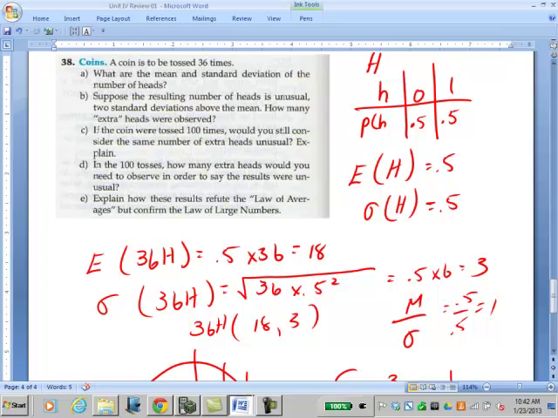So your actual results can't ever come close to that if you throw the coin one time, right? You either get 100% heads or no heads, right? But the mean that you calculated based on your probability model was 0.5. What happens as you do more and more trials?